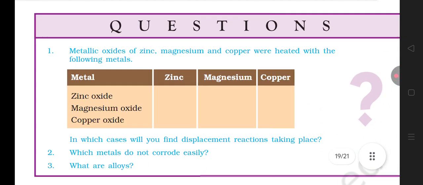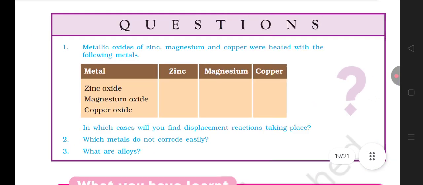Now the question time is there, so let's do the questions. Metallic oxides of zinc, magnesium, and copper were heated with the following metals. Metal 1 is zinc oxide, metal 2 is magnesium oxide, metal 3 is copper oxide. First, zinc oxide is heated with zinc.